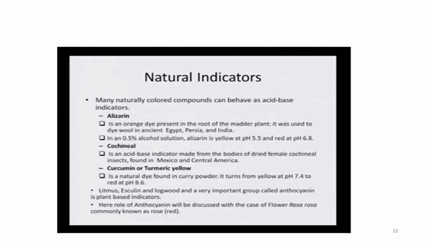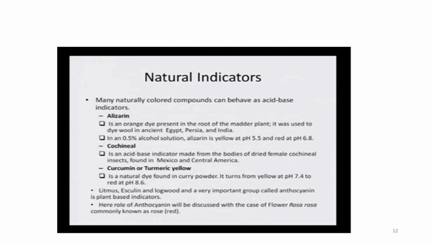Among the natural indicators, since we are talking about natural dyes in this lecture, we will keep our focus on natural indicators. Many natural colored compounds can behave as acid base indicators. We saw a while ago the mention of alizarin, which is 1,2-dihydroxy anthraquinone, an orange dye present in the root of the madder plant.